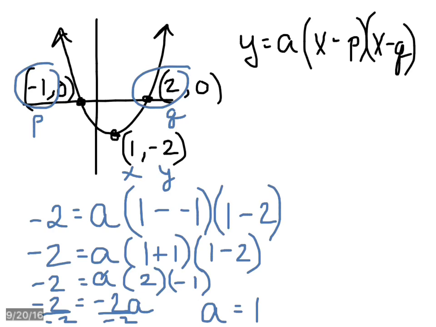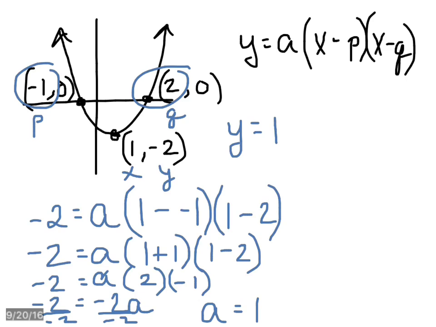Now again, the directions are going to say write the equation. It's not going to say what's a. It wants you to tell me what the equation is. So what pieces stay and what piece goes? The p and q stay, and the x's and y's go back to the letter. Okay? So y equals, what was in the a? 1.